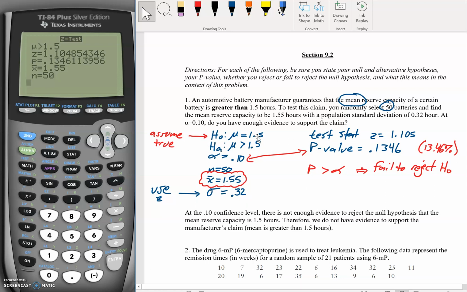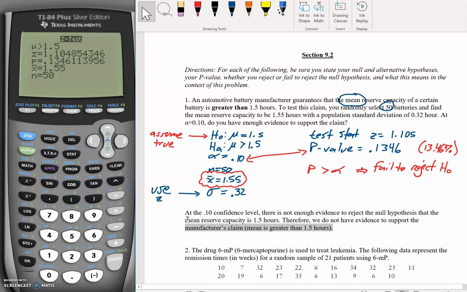So if we rejected the null hypothesis, we would have said, hey, now we're looking at the alternative, and that is what they're claiming. They're claiming it's greater than 1.5, but our sample results do not say that there's enough evidence to do that.